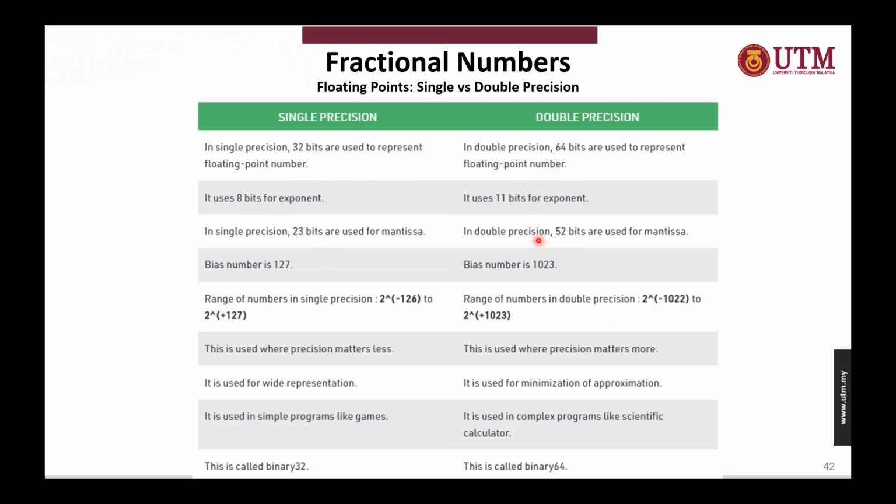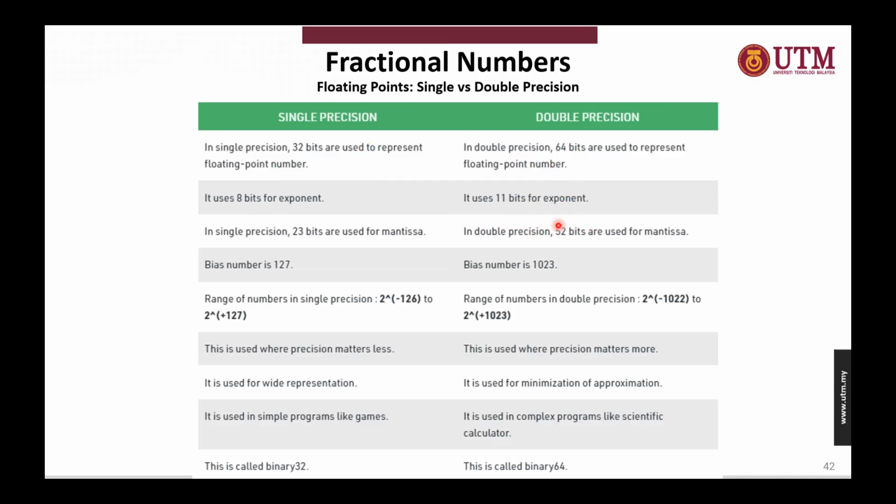Meanwhile, for the double precision, a total of 64 bits are used to represent a floating point number, so it is more precise compared to the single precision. It uses 11 bits for the exponent, and for the mantissa, a total of 52 bits.